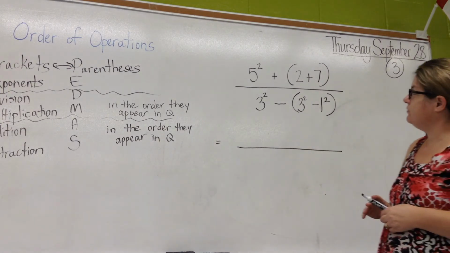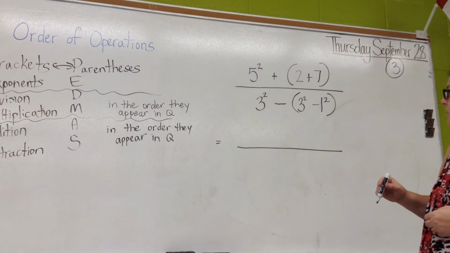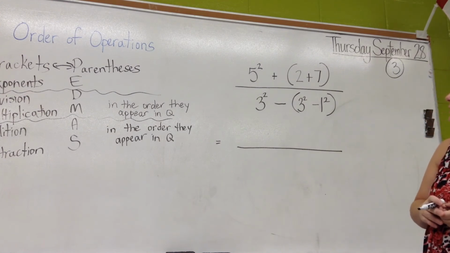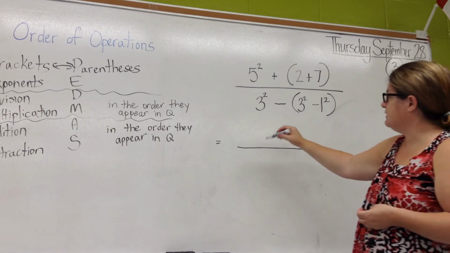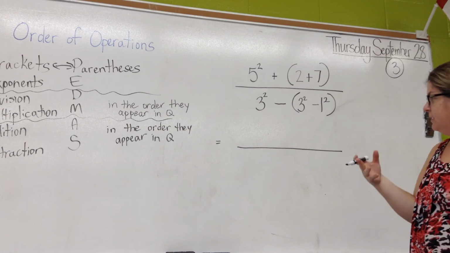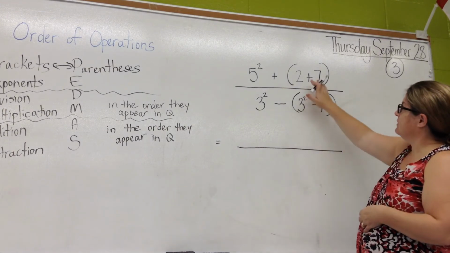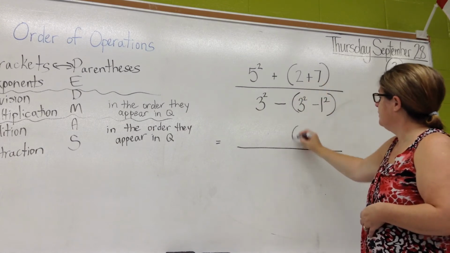So we're going to look and we see, yes, we do in fact have some brackets, which is our first starting letter in the acronym, brackets and then exponents. But instead of wasting paper or writing space, we're going to do them at the same time. So let's tackle the brackets first.